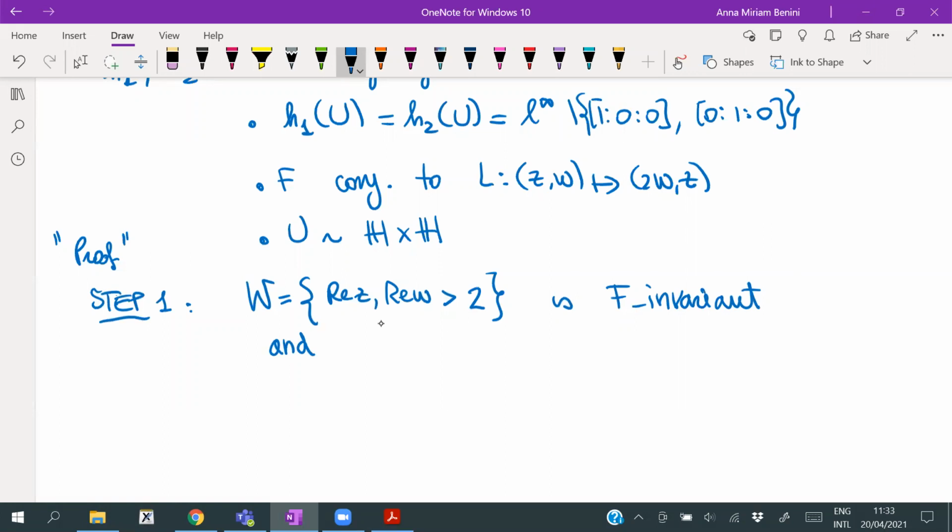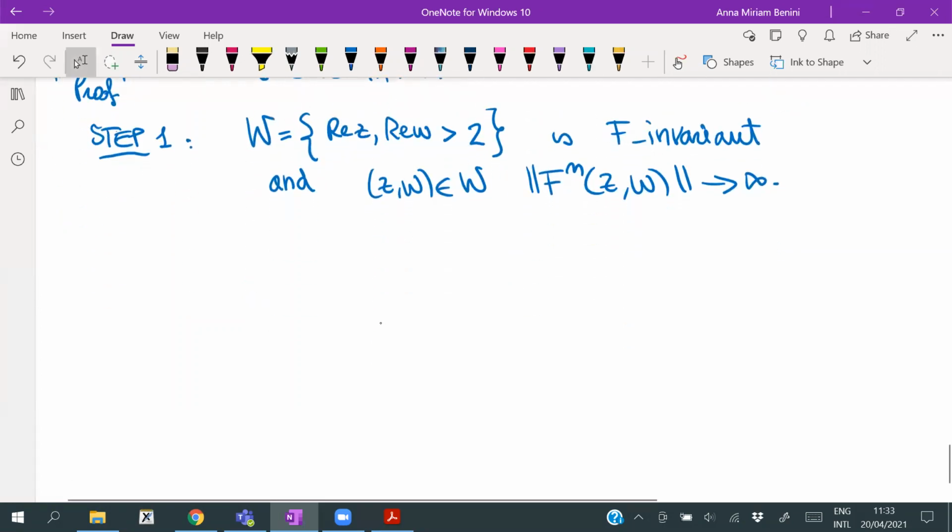You calculate the real part of the first coordinate of F of Z, W, and you can also see that if you have a point in this set W, the norm of the iterates goes to infinity. I don't think I'm going to do the computation because we really have little time left.